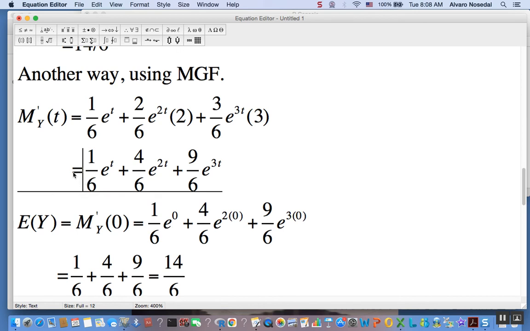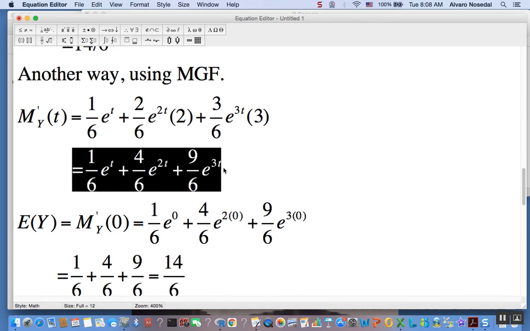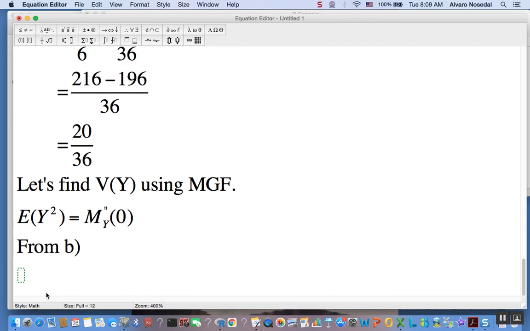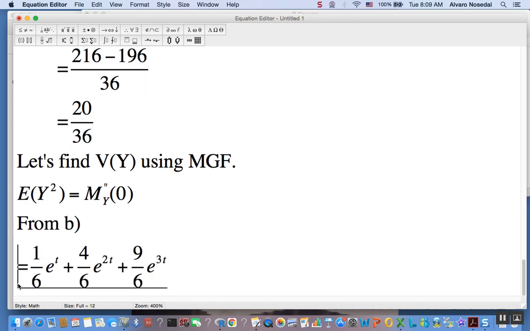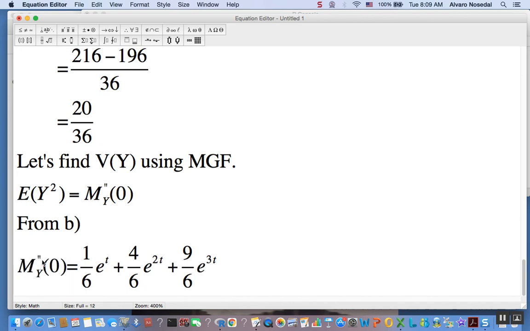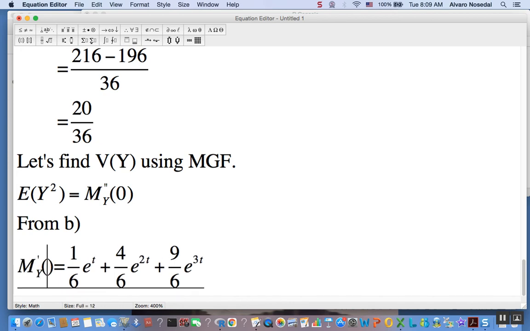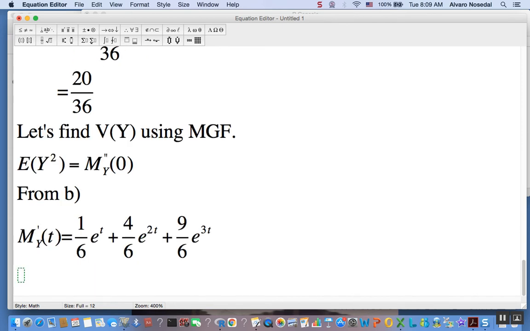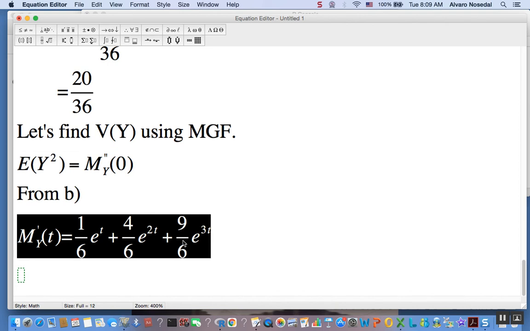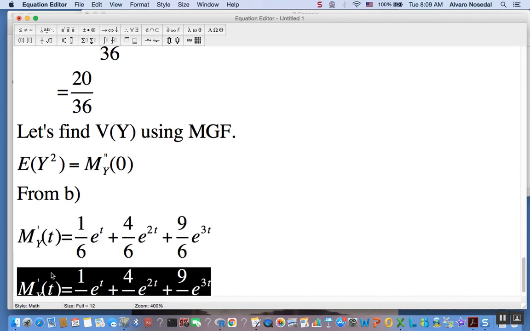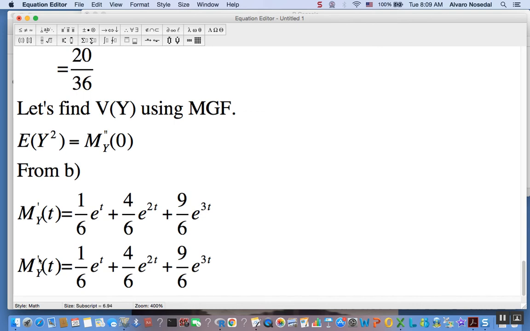So let me copy paste this. That's the first derivative. First derivative with respect to t was that. Okay, let's find the second derivative. Let's copy paste this, it will be useful.